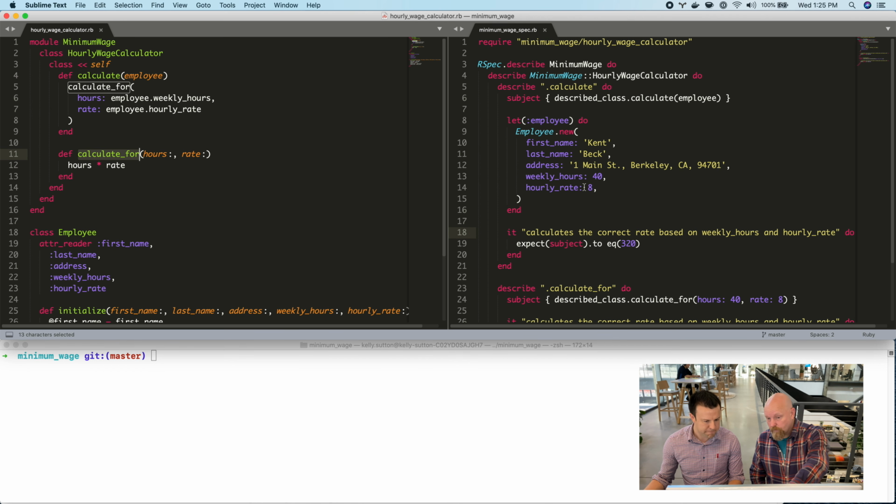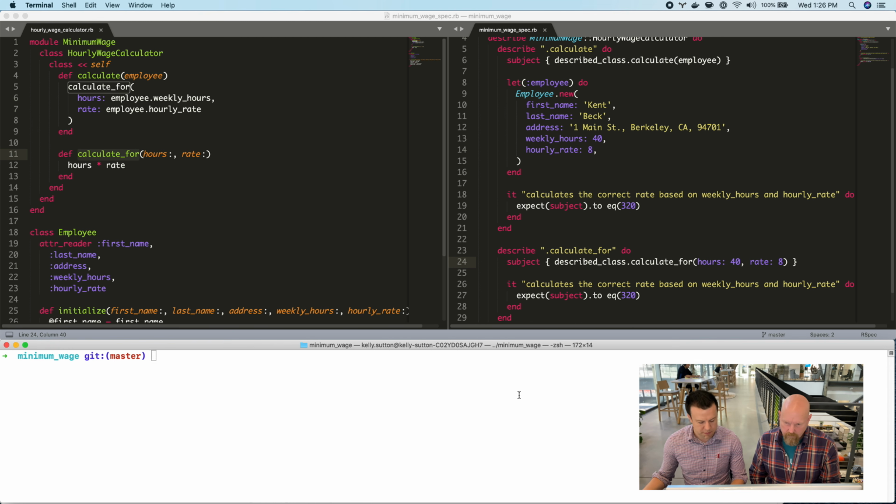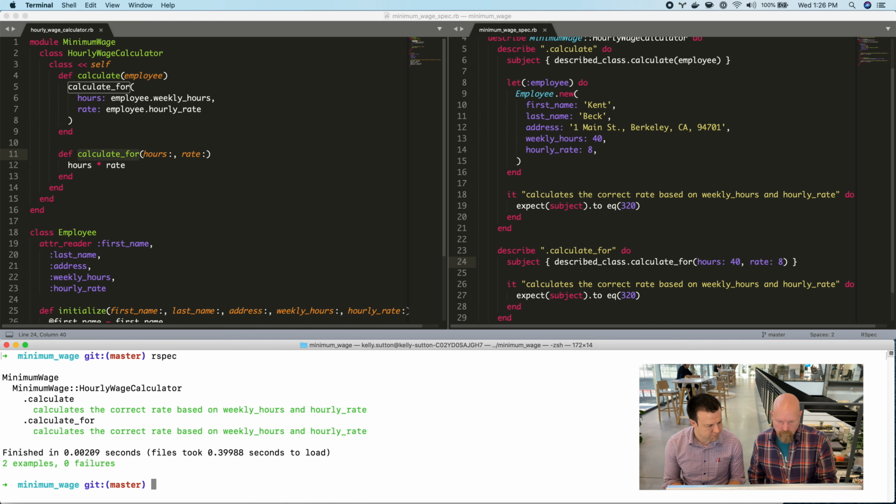Here on the right is the test as it was previously, where we take an employee and we calculate for that employee, and we expect, given the inputs, these outputs. The employee is the input for the calculate method, and for calculate for, we've changed it a little bit so that it just takes in the hours and the rate. We run the tests, and they pass.